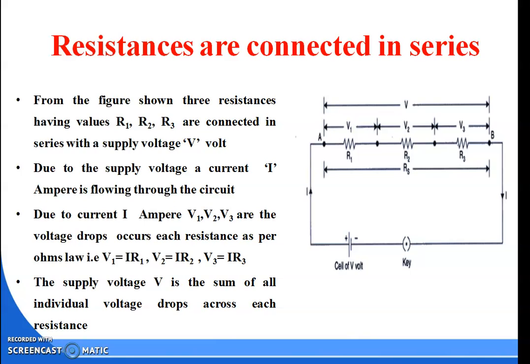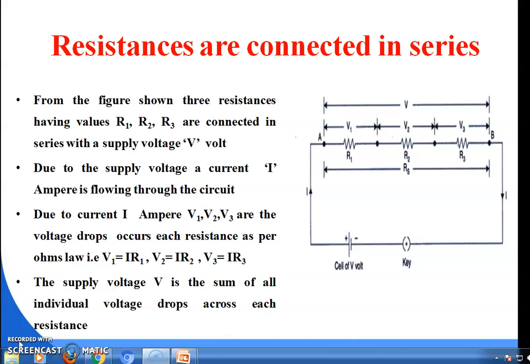So what does Ohm's law say? According to Ohm's law, V is equal to IR. That means V is directly proportional to I as well as directly proportional to R. Here we have three voltages, V1, V2 and V3.